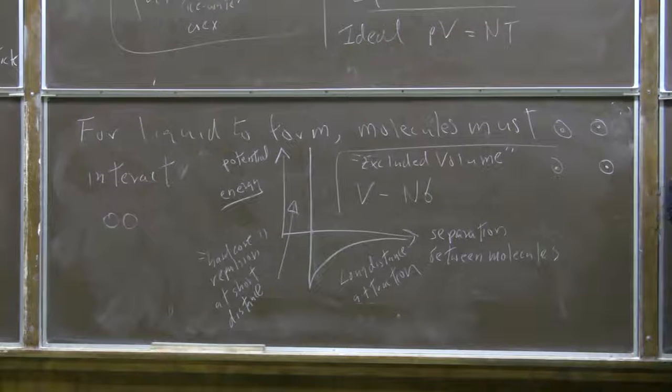The internal energy will include delta U, and then a sum over all pairs of particles. i and j are labels for the particles. ij in brackets means a particular pair.